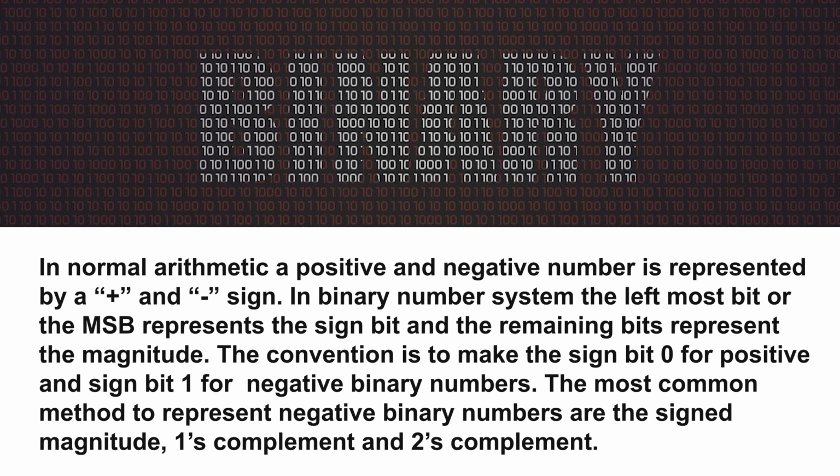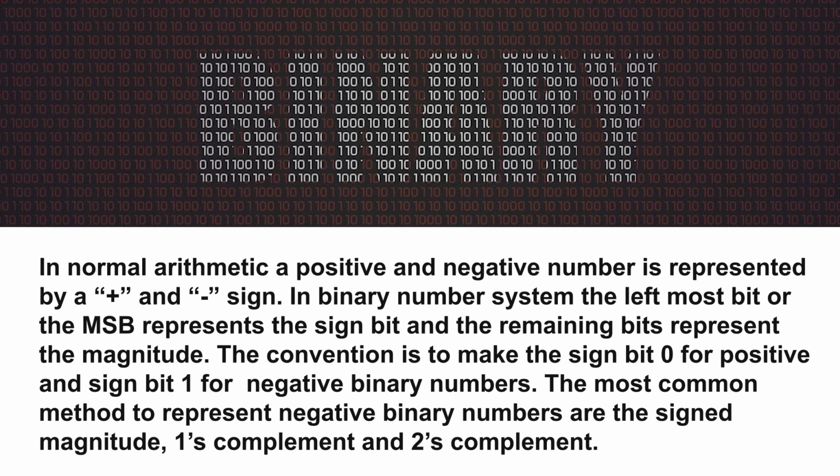In the binary number system, the leftmost bit, or the most significant bit, represents the sign bit, and the remaining bits represent the magnitude. The convention is to make the sign bit 0 for a positive binary number and the sign bit 1 for a negative binary number.